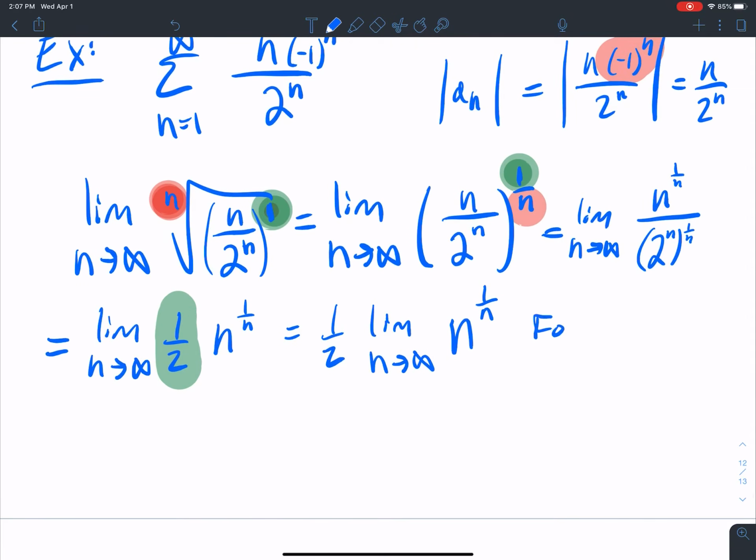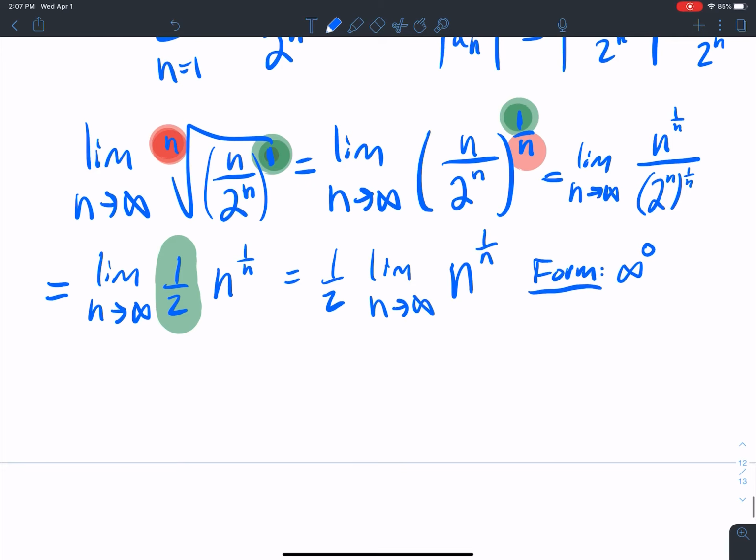This form is infinity to the 0. Uh-oh, this form is indeterminate. So to solve this problem, we're going to have to go back to something that we learned a long time ago, and hopefully we remember that little trick. To get this out of the exponent, I set it equal to something.